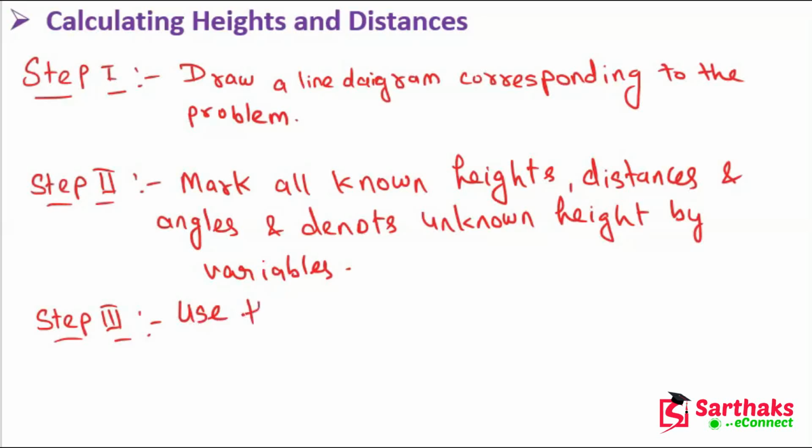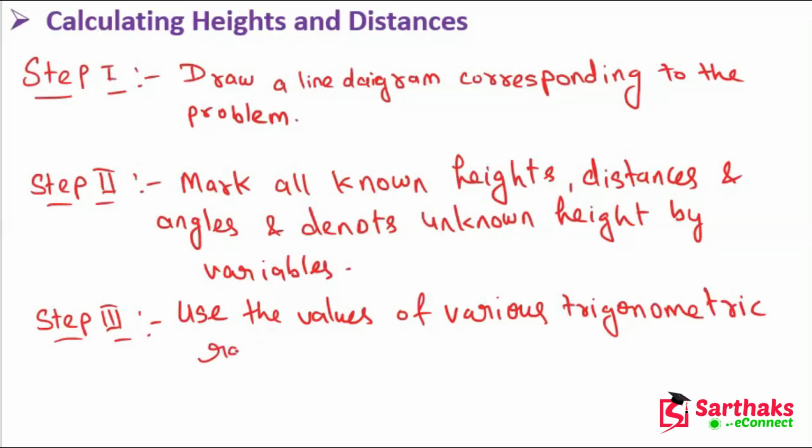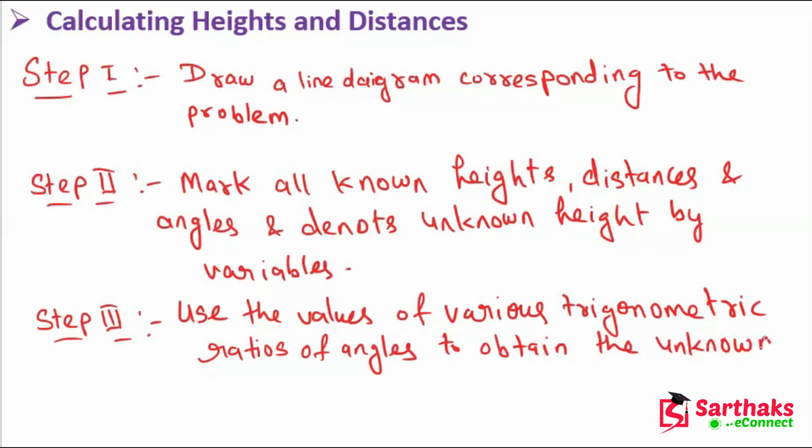Use the values of various trigonometric ratios of angles to obtain the unknown lengths from the known lengths.